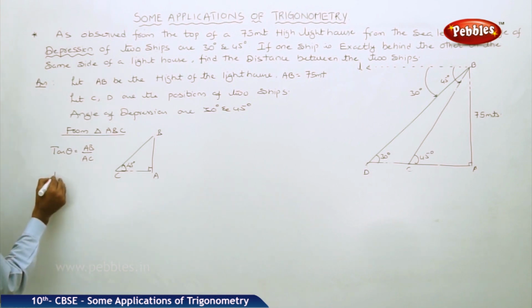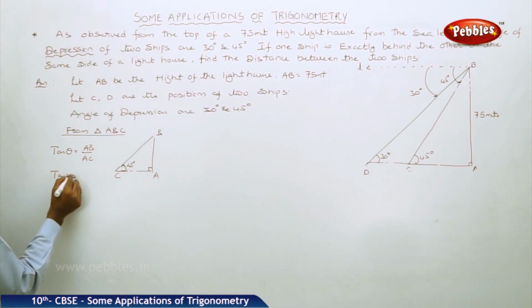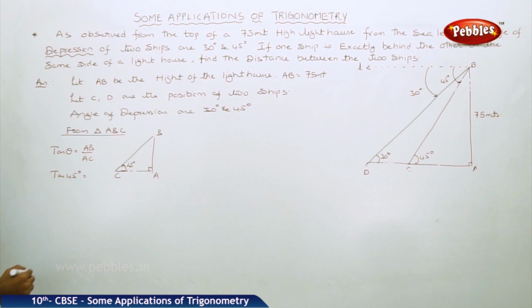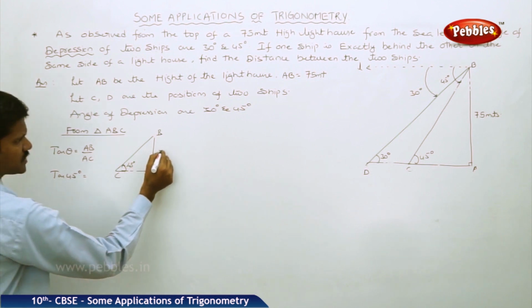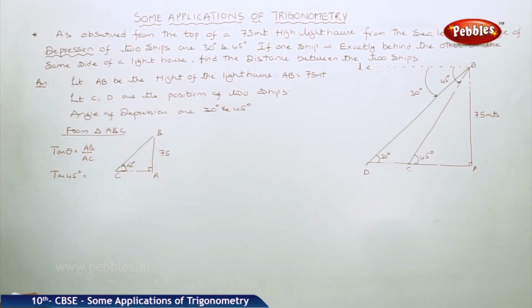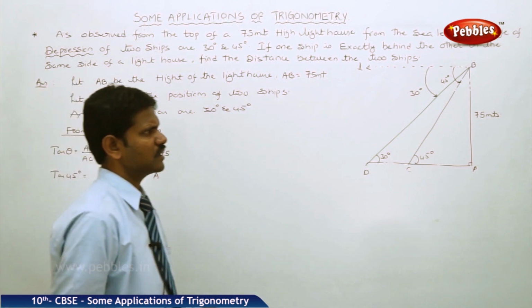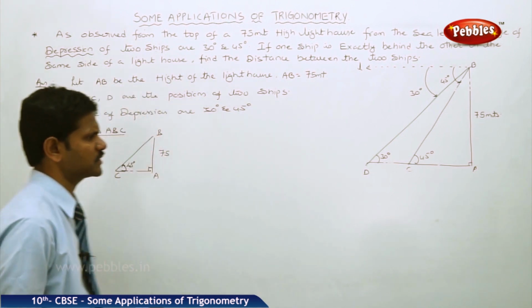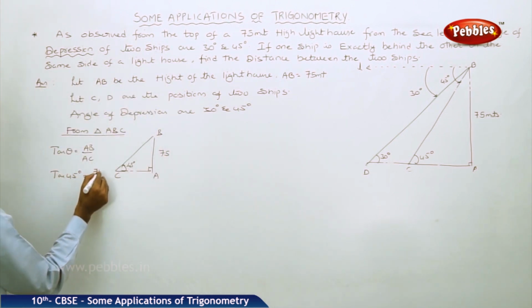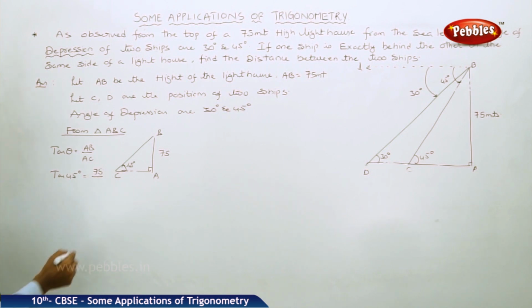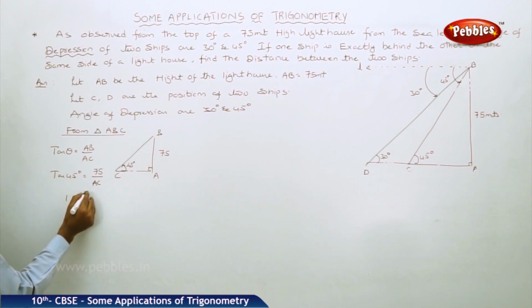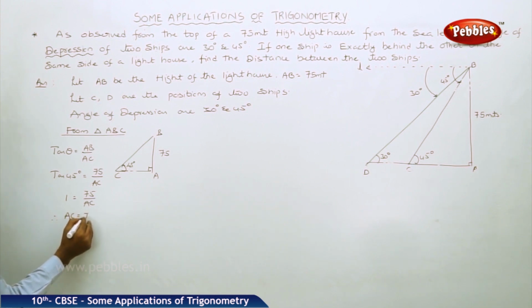That is, tan 45 degrees is equal to AB, which is 75 meters, the height of the lighthouse, 75 by AC, which is unknown. Tan 45 is equal to 1, which is equal to 75 by AC. Therefore, AC is equal to 75 meters.